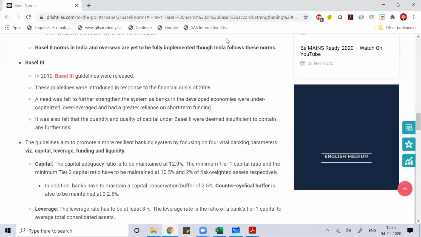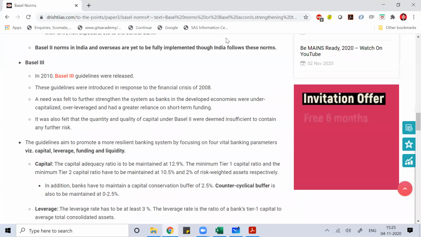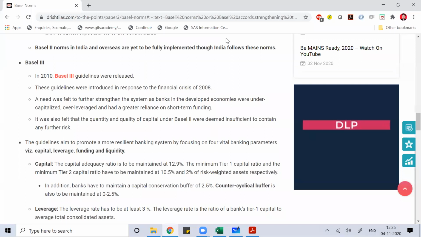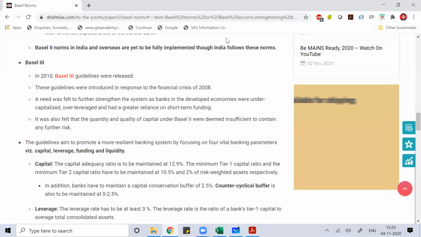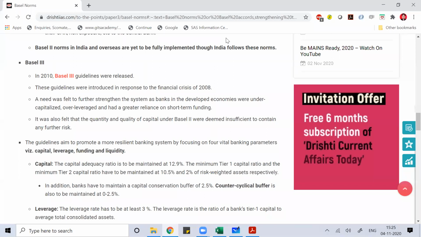A need was felt to further strengthen the system, as banks in the developed economies were undercapitalized, over-leveraged, and had a greater reliance on short-term funding. Basically, the reason for the 2008 crisis was excess leverage. I hope you have heard of the term leveraging.